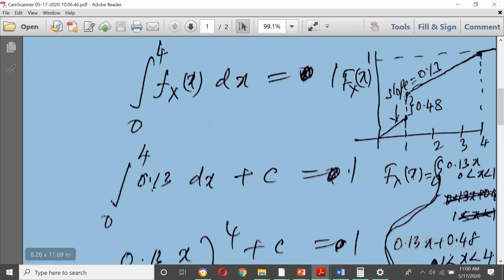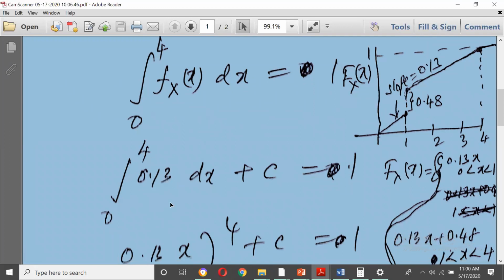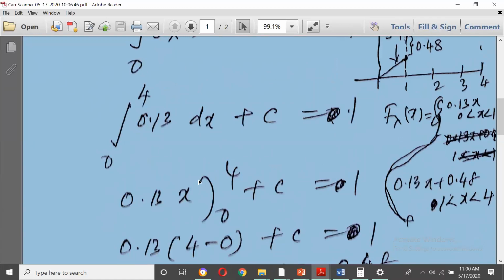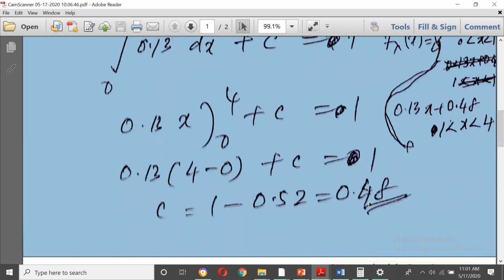So now if you integrate this, you get 0.13x with limits 0 to 4, as this is just a constant, and plus C equal to 1. That is 0.13 into 4 minus 0. This will give 0.52, therefore C will give us 0.48.